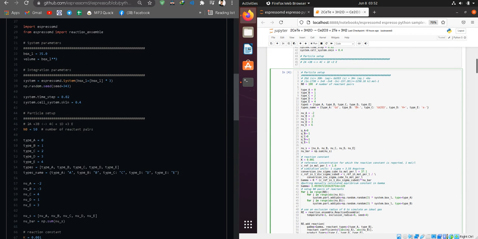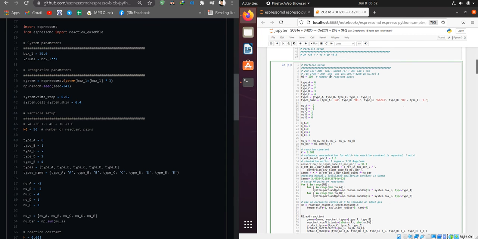Then following these reactions, type A is gadolinium, type B is hydroxide ion, and so on. And UA is the coefficient of gadolinium; it is on the left hand side, so you will take it as -2. For hydroxide ion, you will take -3, and so on.